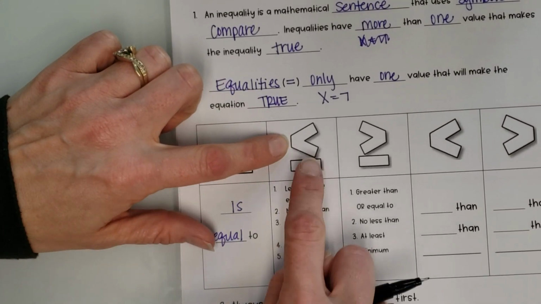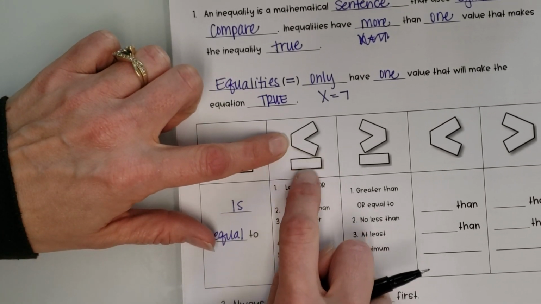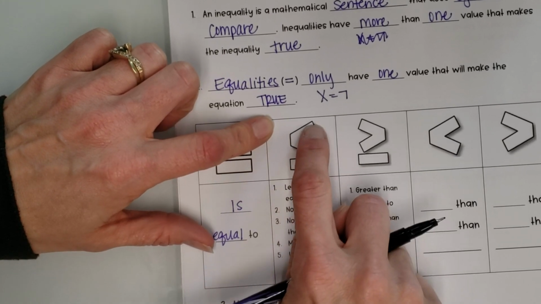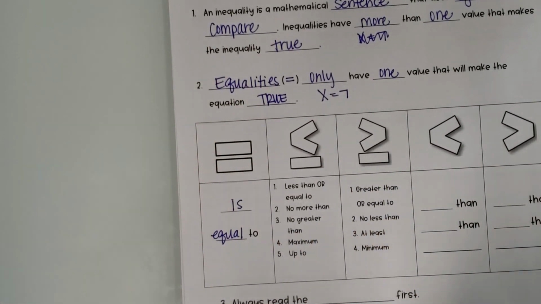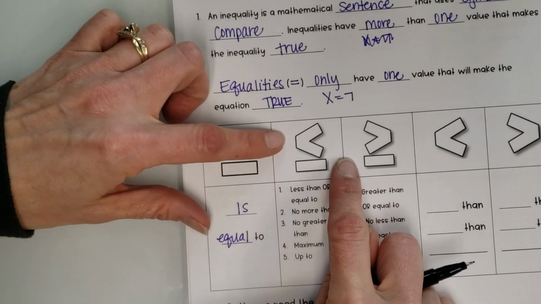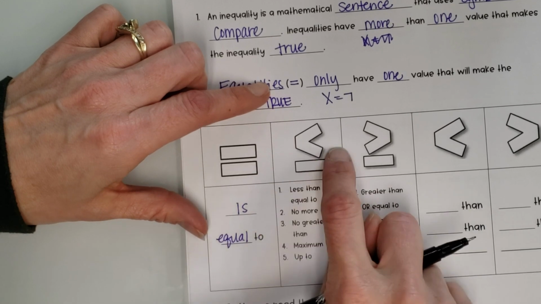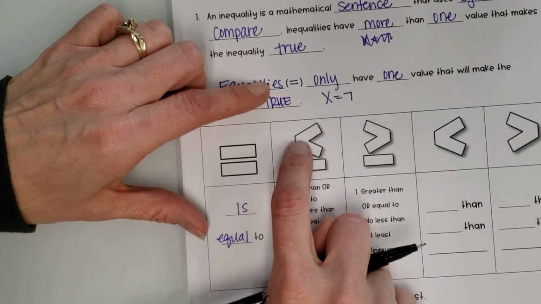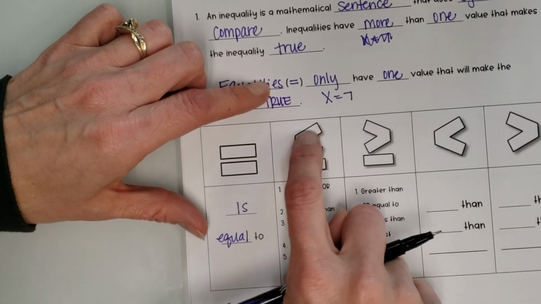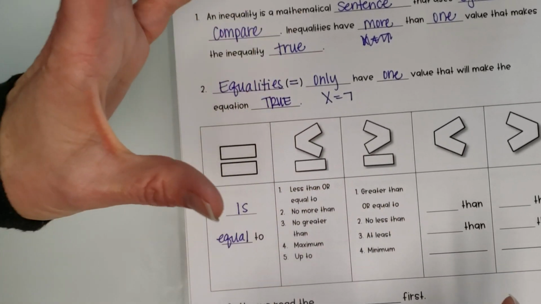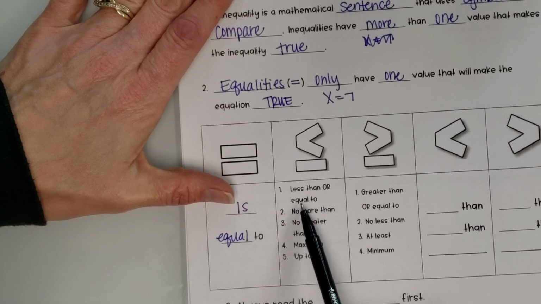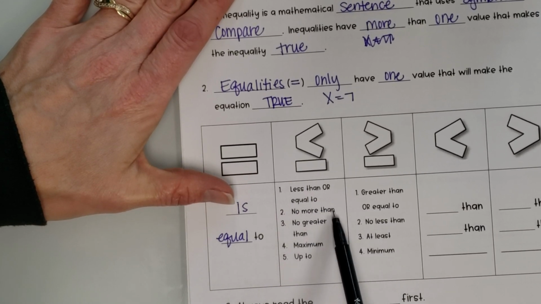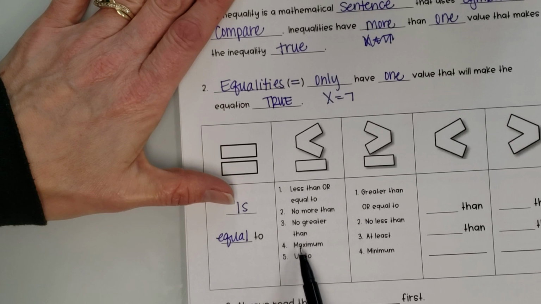This one is less than or equal to. So remember, this is the alligator. We always read from left to right, so whatever's here is less than whatever's over here. The alligator's mouth is open to the bigger side. Some key terms and phrases: less than or equal to, no more than, no greater than, at maximum, or up to.